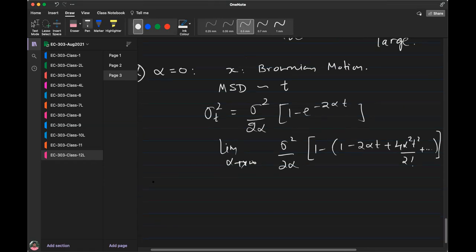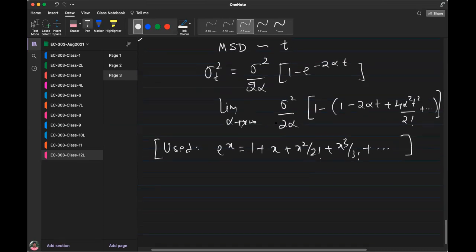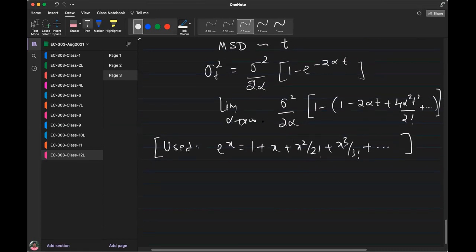You remember, I used this e power x is 1 plus x plus x squared by 2 factorial. So alpha goes to, not infinity, 0. Now 1 cancels out, and the first term is 2 alpha t.